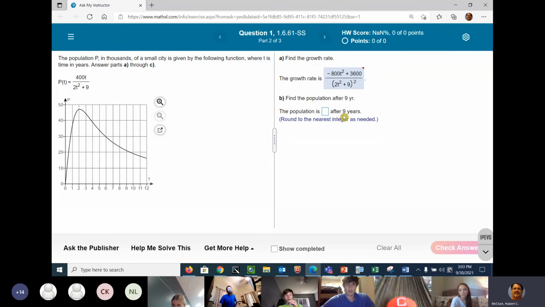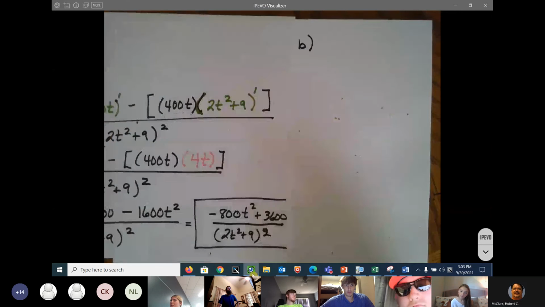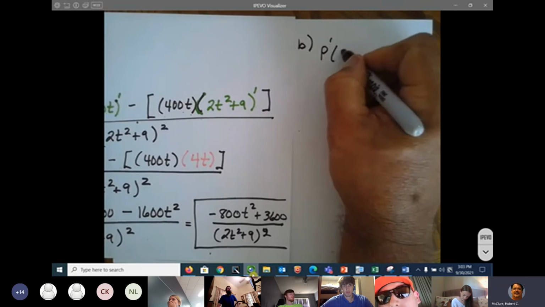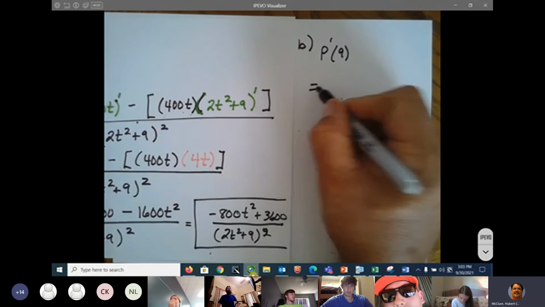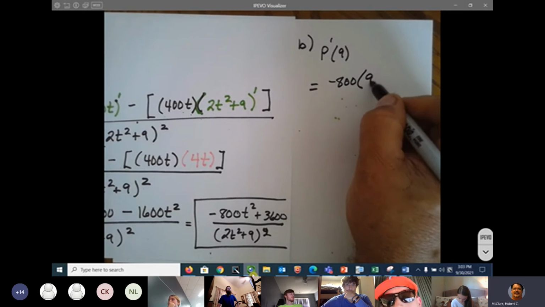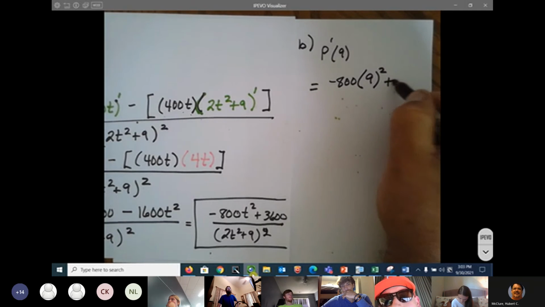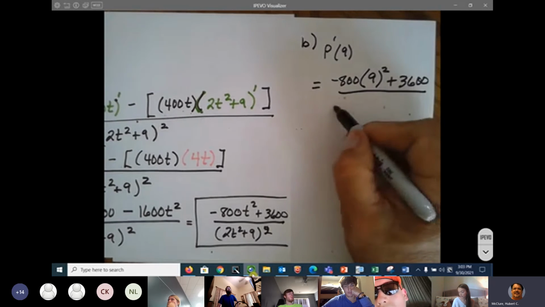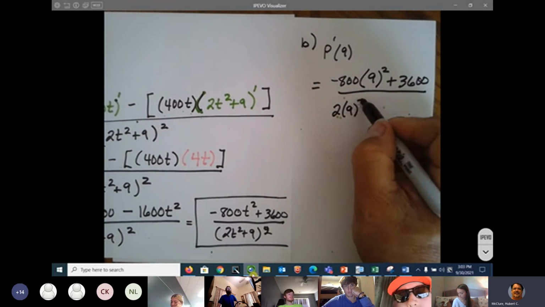Plug and chug. So here's the B part. You're going to take that 9, and P prime of 9 is going to be equal to negative 800 times (9 squared, 81) plus 3600, divided by (2 times 81 plus 9) squared.